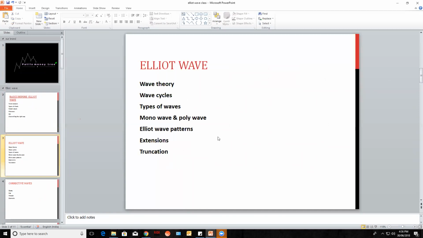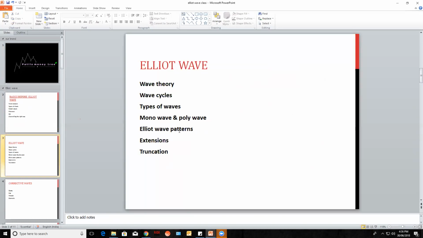There are two patterns. I will tell you those two Elliott wave patterns, that is the ending diagonal and the leading diagonal. We will go through those two, what the ending diagonal is and what the leading diagonal is. Before that, we learned what the impulse wave is and what the corrective wave is.